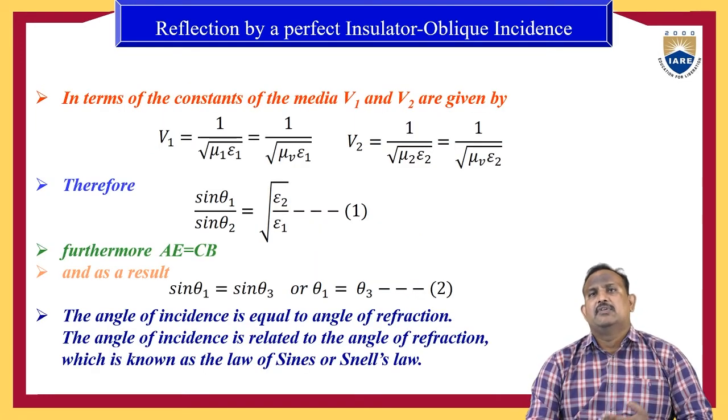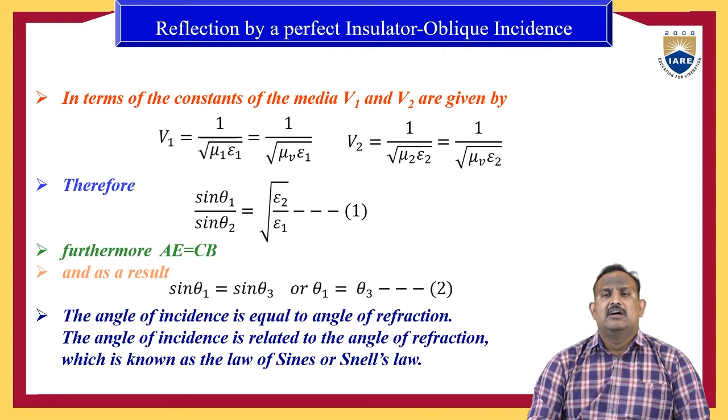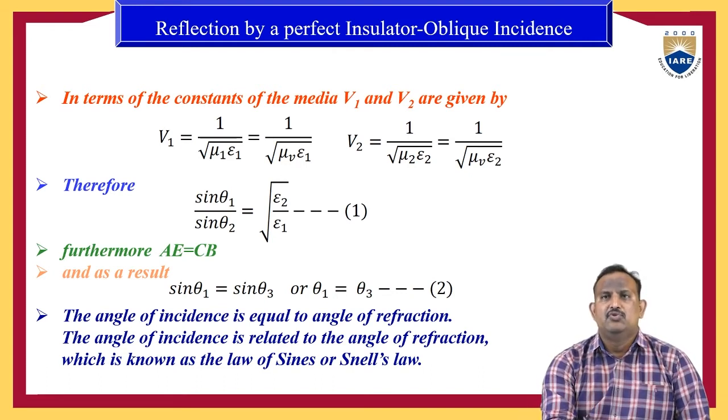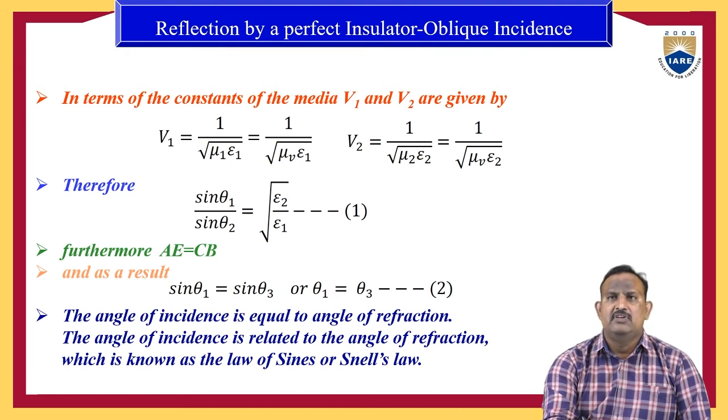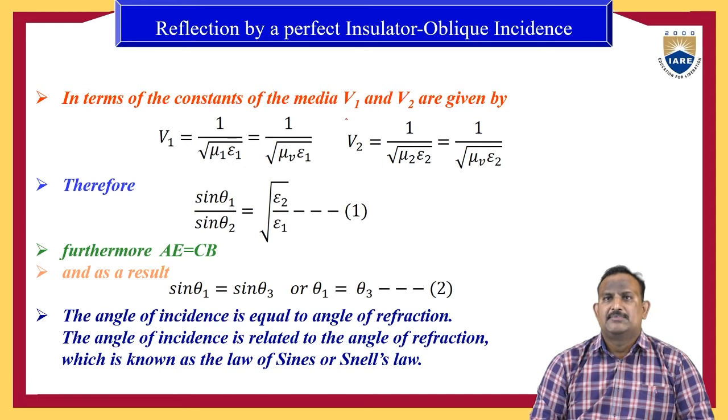So, in terms of the constants of the media, V1 and V2 are given by, we know that V equals 1 by root mu epsilon. Therefore, V1 equals 1 by root of mu 1 epsilon 1, and in place of mu we can assume mu V, so V1 is 1 by root of mu V into epsilon 1.